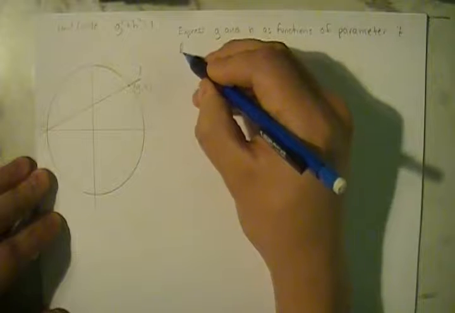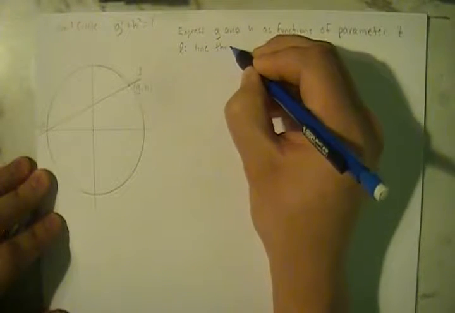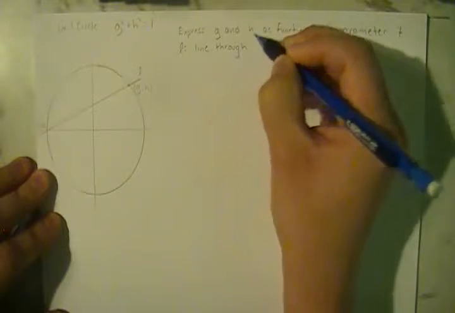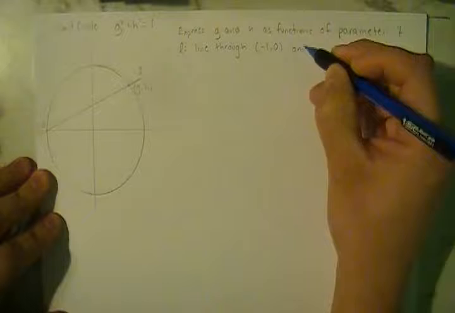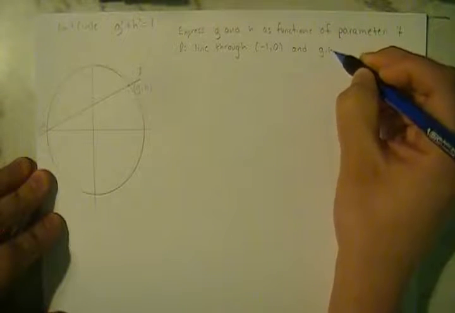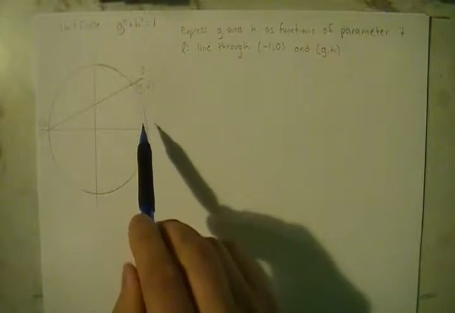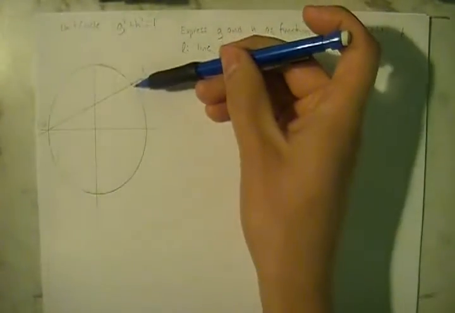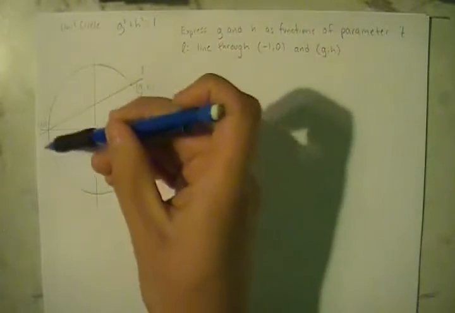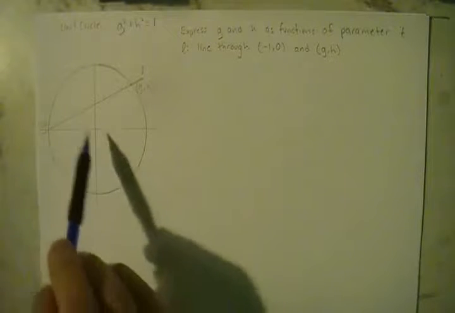And L is going to be the line through the point -1, 0 and the point g, h, which is a point on our unit circle, such that g squared plus h squared is 1. And I want to just point out that for each point on our circle, we have a unique line L, meaning that line L has a different slope.